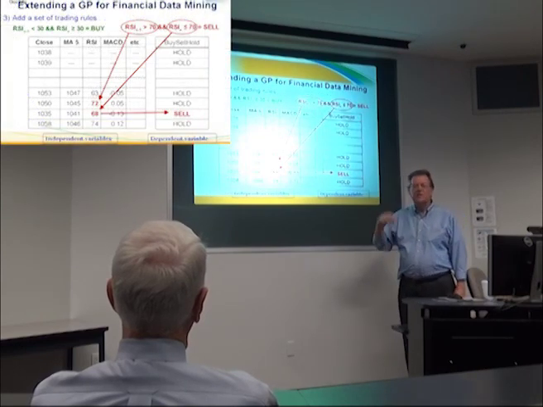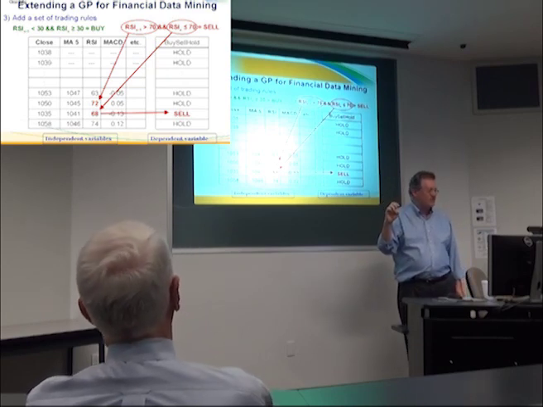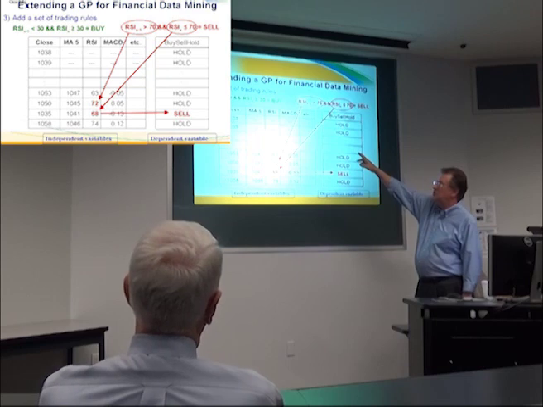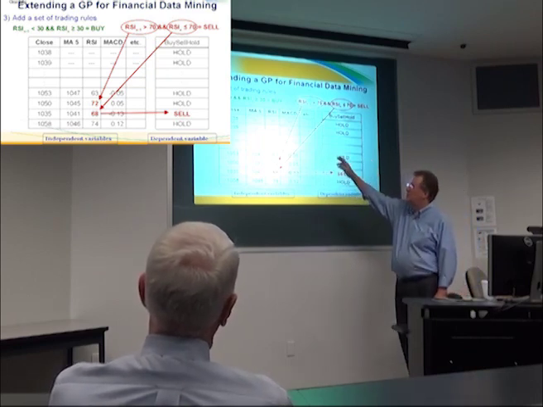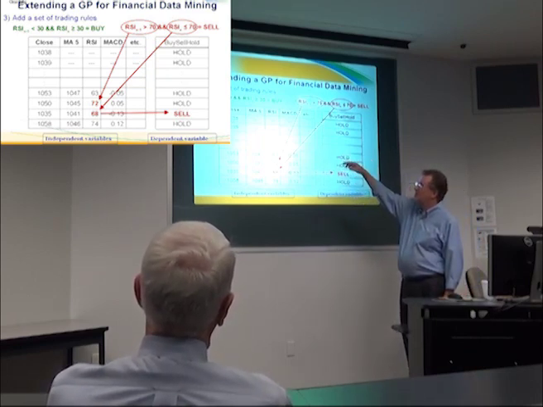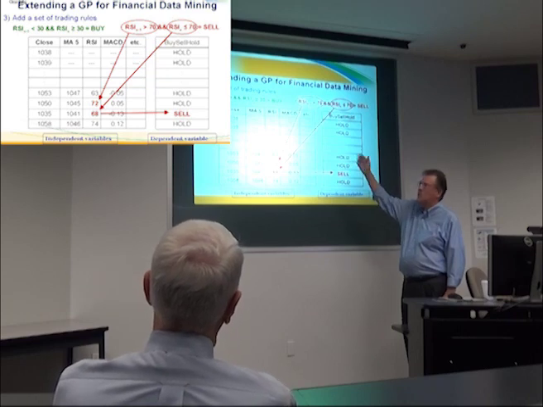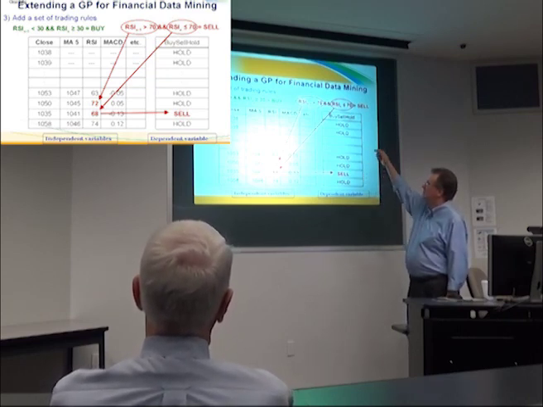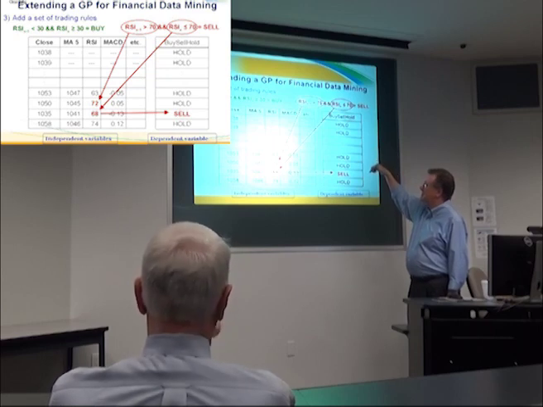And we impose a set of rules at this point. So here's one rule, I show in green, that might be a buy condition. If the RSI is less than 30 and then goes greater than 30, we buy. Or if the RSI is greater than 70 and then goes less than 70, we sell.